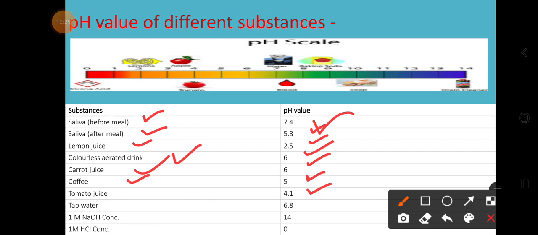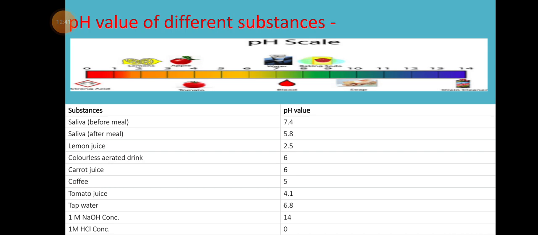The tap water pH is 6.8. One molar sodium hydroxide is 14, and one molar HCl is 0. These are some pH ranges we must know.